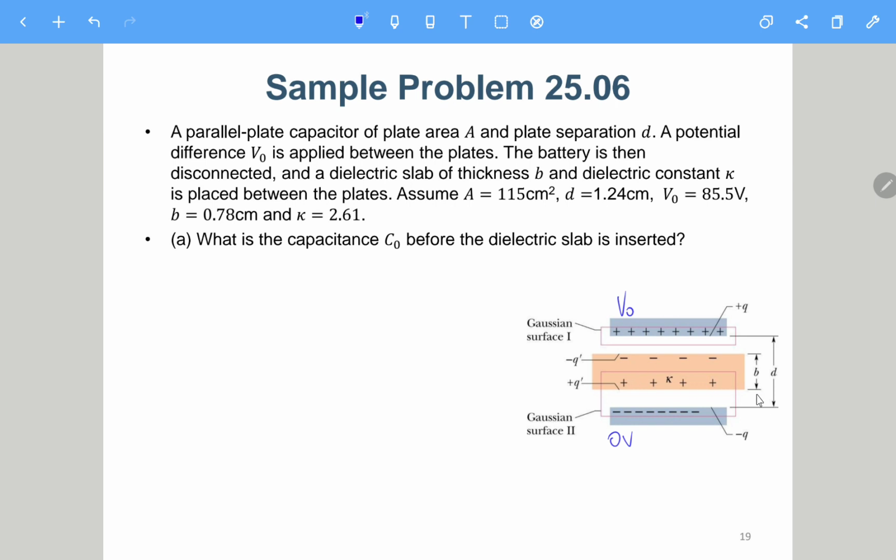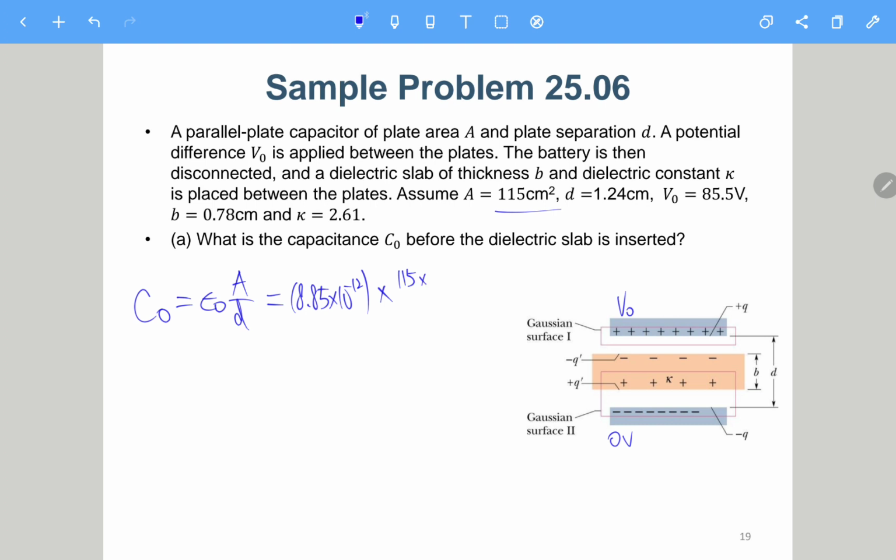This will be easy because we just need to calculate C0 as epsilon naught, the vacuum permittivity, times A over D, because we have all these variables. Epsilon naught is 8.85 times 10 to minus 12, and then times A. This is in centimeter square, so we need to convert it to meter square for the SI unit.